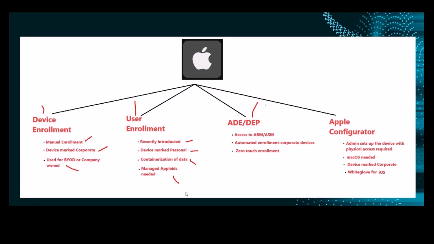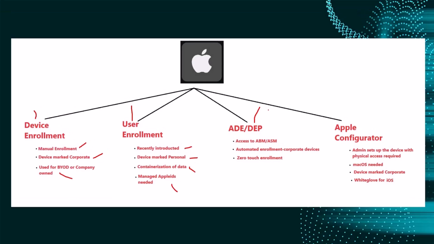ADE is Automated Device Enrollment, which was previously known as DEP or Device Enrollment Program. So DEP was before, ADE is now. Now to make use of ADE or DEP, we need access to a portal, which we are going to see very shortly. That portal is called ABM or ASM.